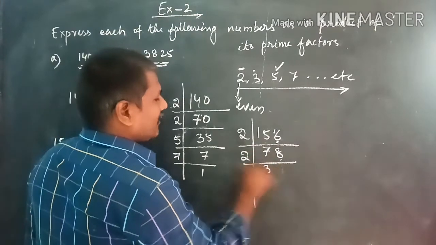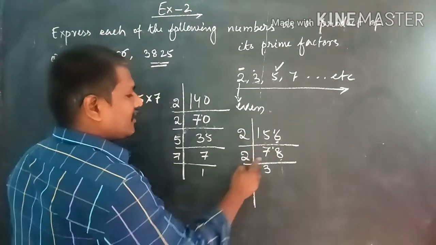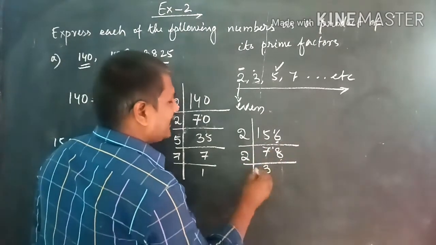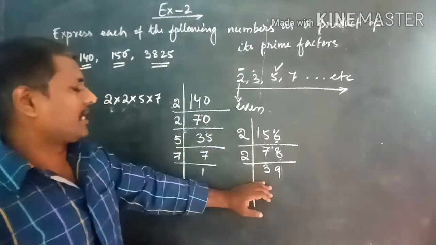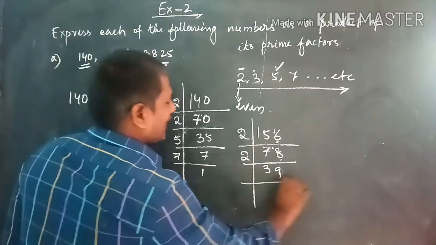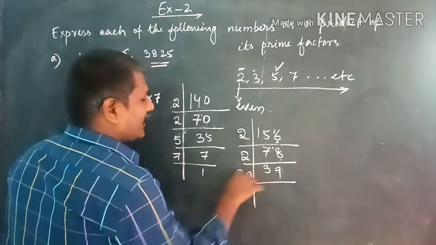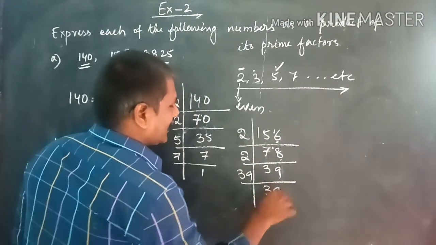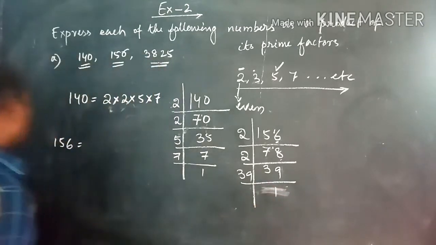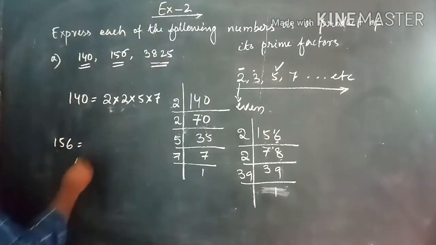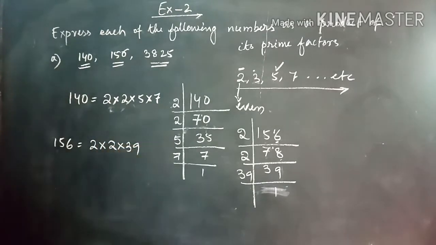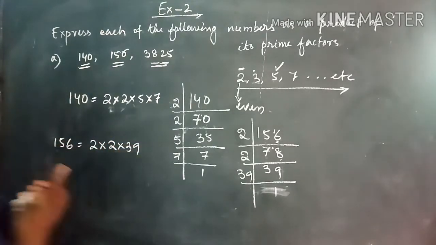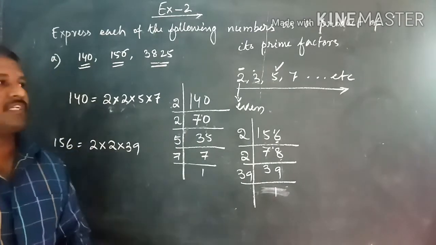Now 2 3 is 6, the remainder is 1, now it will be 18, 2 9 is 18. So 39 is not divisible by 2, and 39 1 is 39. Now 156 can be written as 2 into 2 into 13.